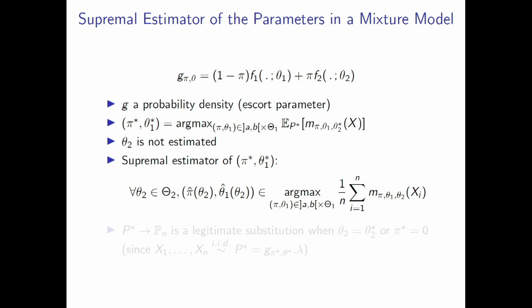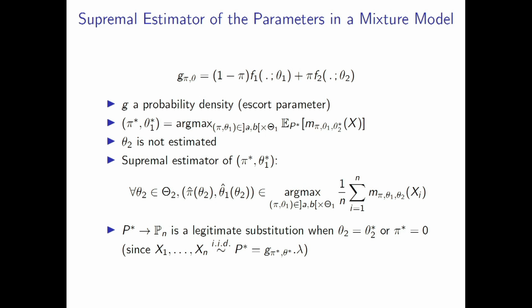Because, of course, we don't know P star, we have to use the sample. This is quite natural to do so, because if θ2 is θ2 star, then we have this equality. So it is natural to replace P star by the empirical distribution.